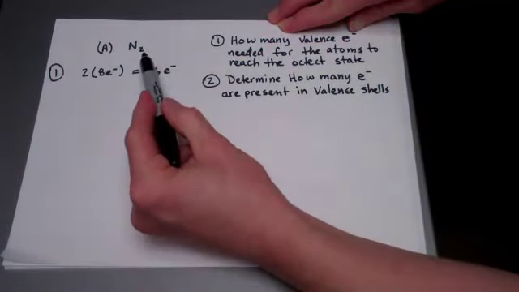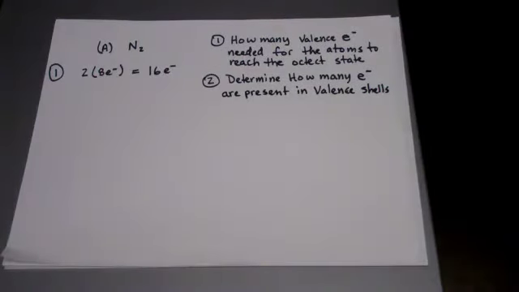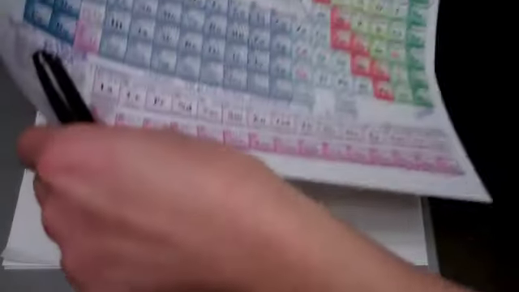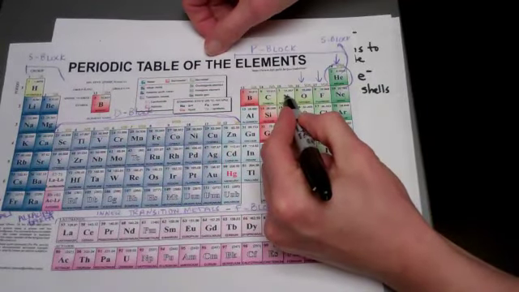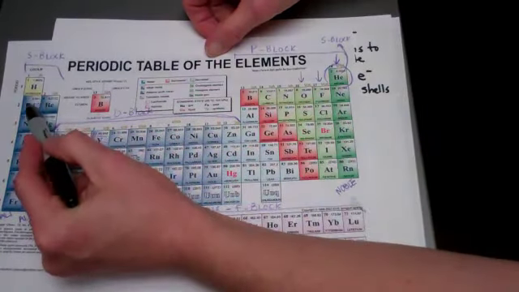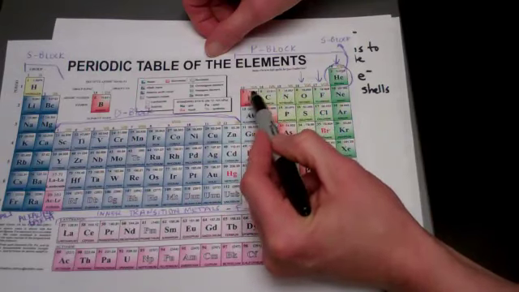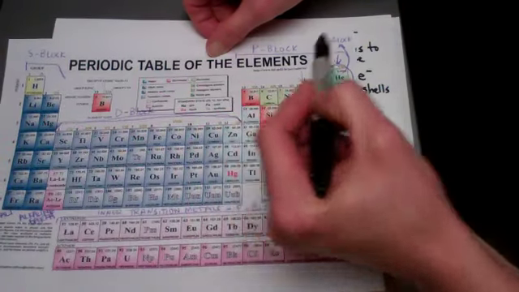If we look at nitrogen on our periodic table, we know that it has 2s2 and 1, 2, 3 in the p orbital. So its valence shell is 5: 1, 2, 3, 4, 5.